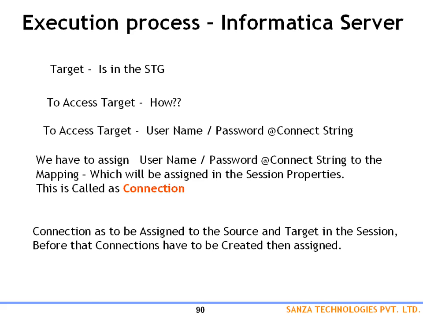To connect to the target, it needs the connection, which is the username, password, and connect string which we have created. That name will be assigned to that session in the session properties under the Mapping tab. Then the Informatica server will load the data.